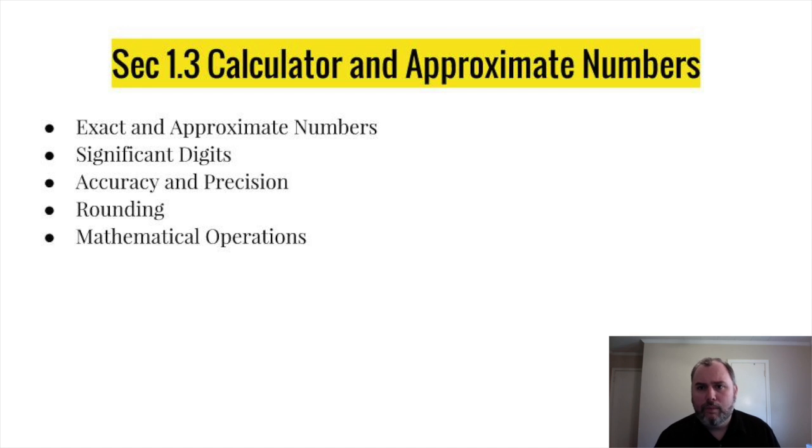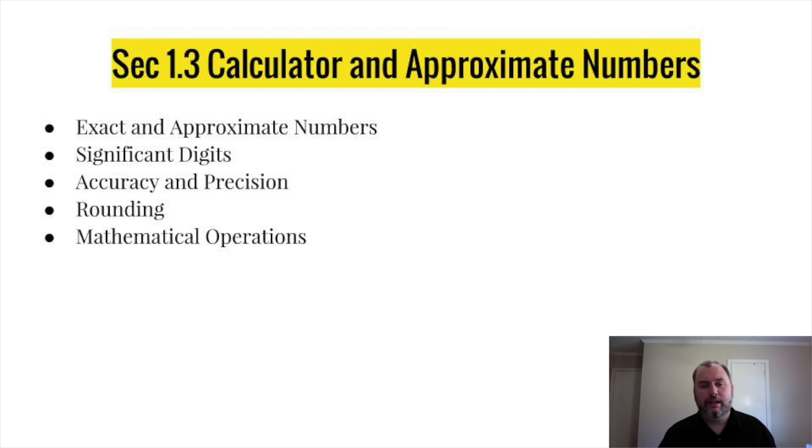To begin with, in 1.3, we want to talk about approximate numbers: what approximate numbers are and how they compare to what we call exact numbers. Also, we want to know how approximate numbers work with significant digits, which is at first hard to comprehend.